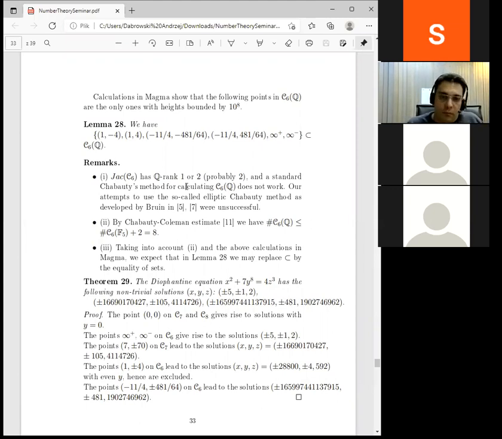And we are not able to finish because the Q rank of the Jacobian is very probably 2. It's between 1 and 2, it's not decided. The standard Chabauty method will not work. We're trying elliptic Chabauty, but it's still not successful. Let me mention that by the Chabauty-Coleman estimate, there are at most 8 such points. So 6 are known, and 8 is the upper bound.